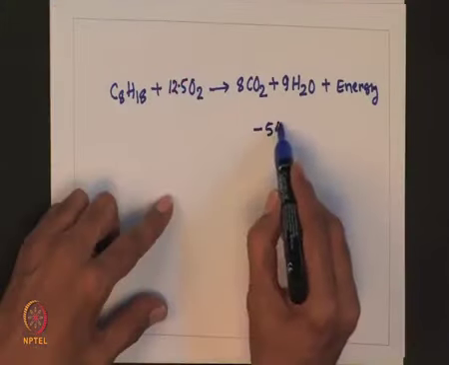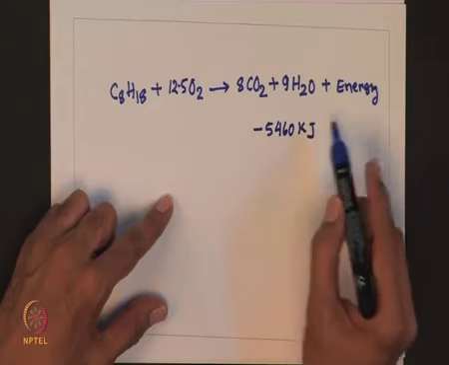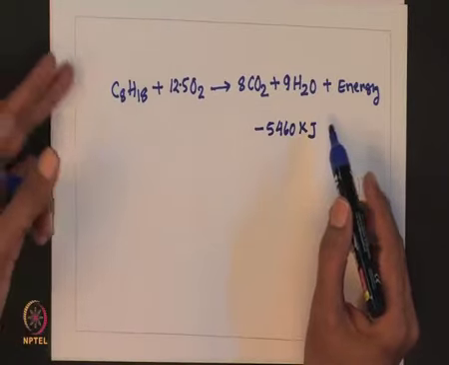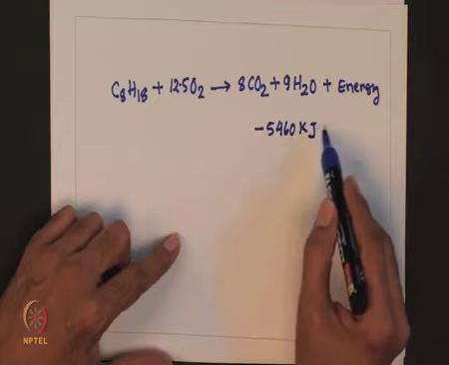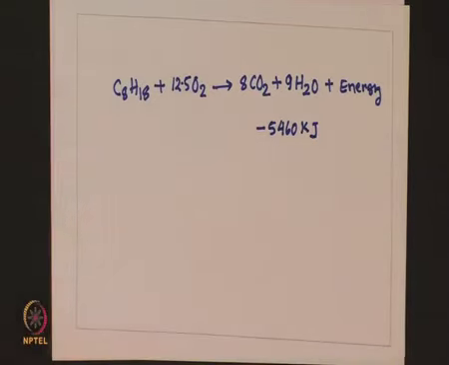That leads to the complete combustion, and the heat of combustion of octane is minus 5460 kilojoules. So, when 1 mole of octane is burnt, the heat of combustion is 5460 kilojoules. That means essentially 5460 kilojoules per mole.